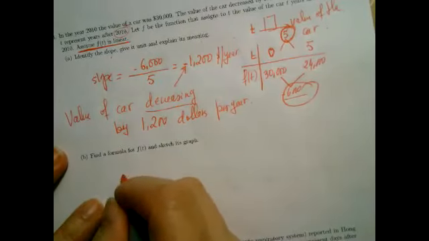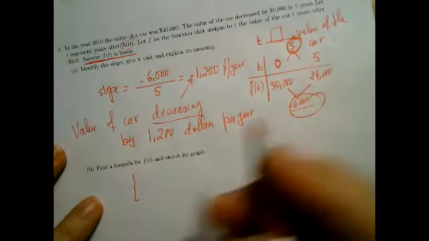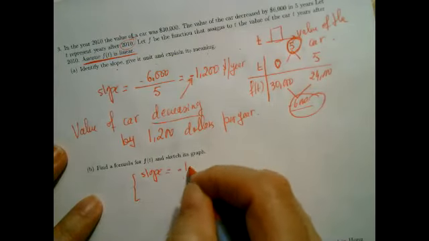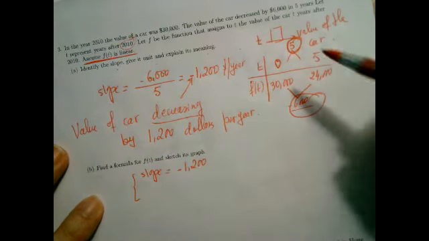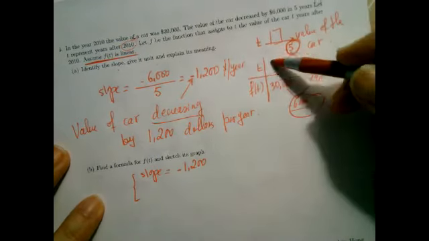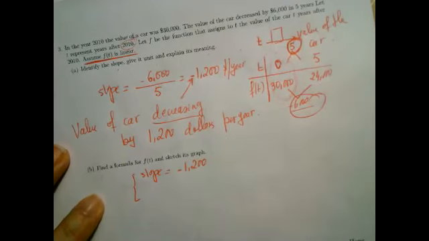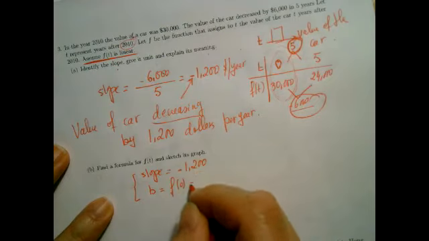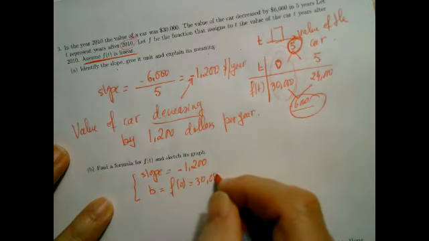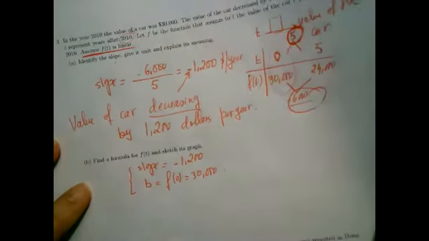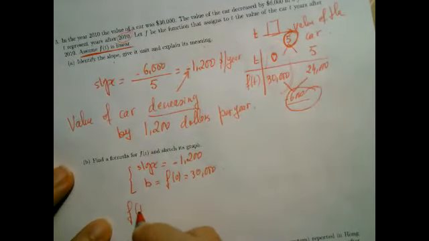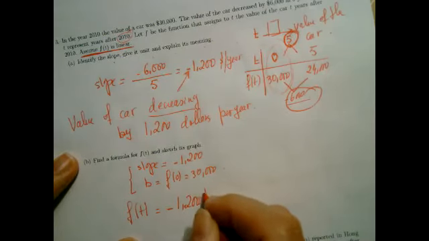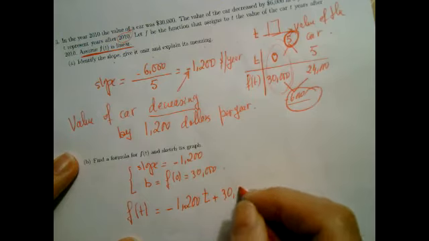So what's the formula? Now here, again, it's a simple scenario. My slope is minus 1,200. And in this particular problem, I actually gave you the intercept, because B, which is the value of the function at 0, is 30,000. And it means that f of t equals minus 1,200t plus 30,000.